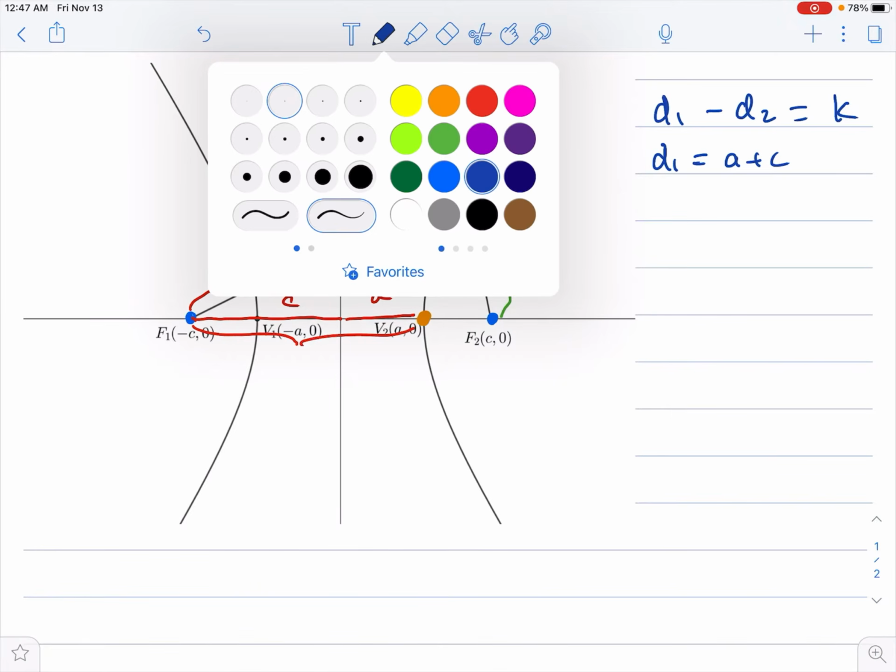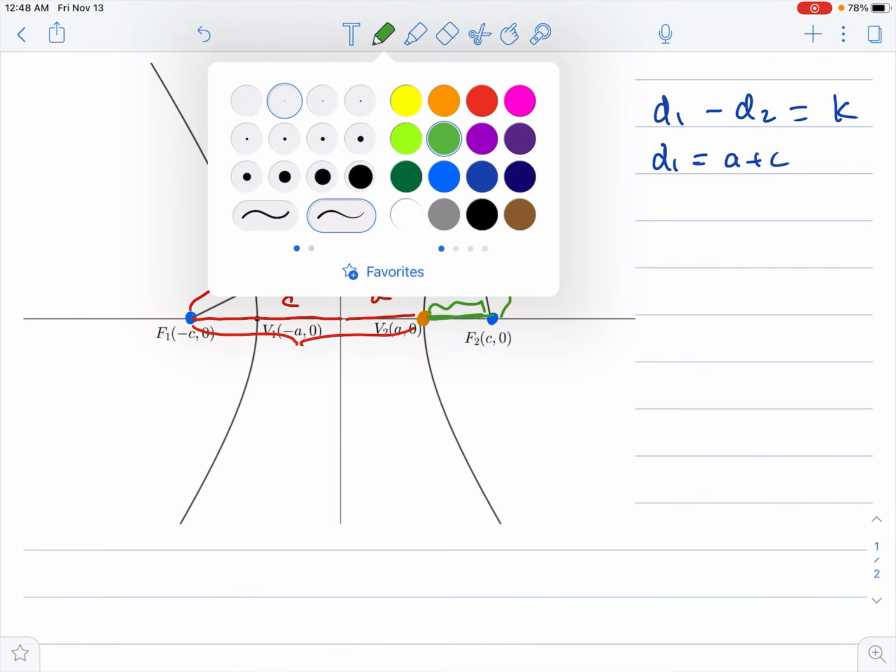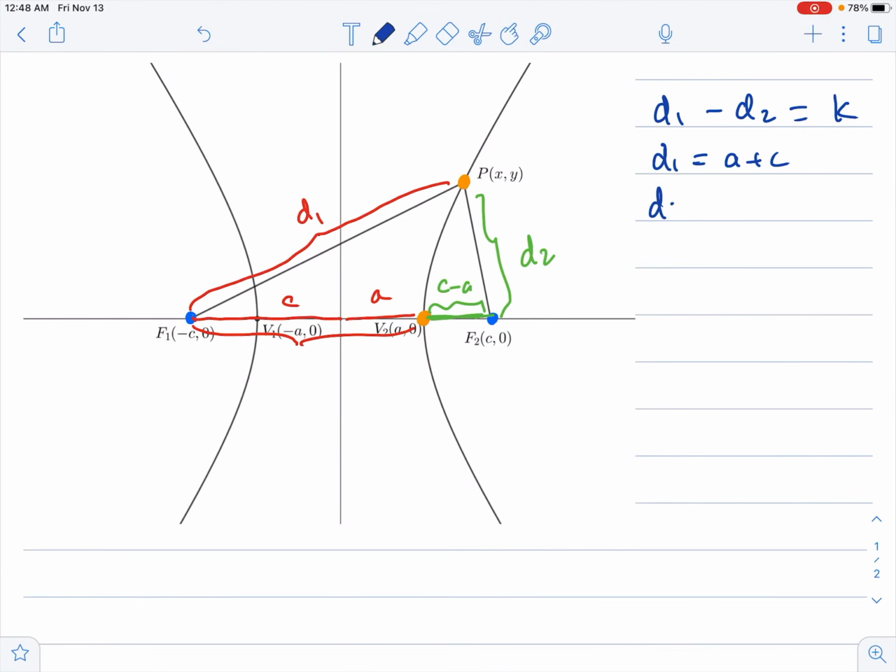Now yung d2 natin ay from here to here, which is c, kasi ito ang hanapin natin. So ma-minus natin yung a. So yung distance na ito ay c minus a. So ang d2 ay c minus a.